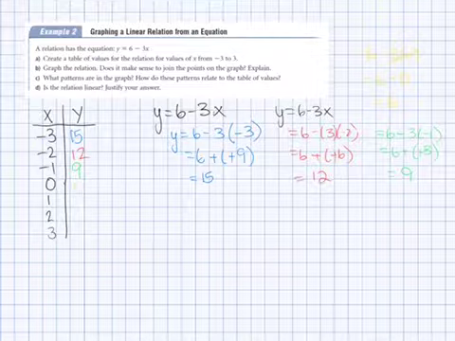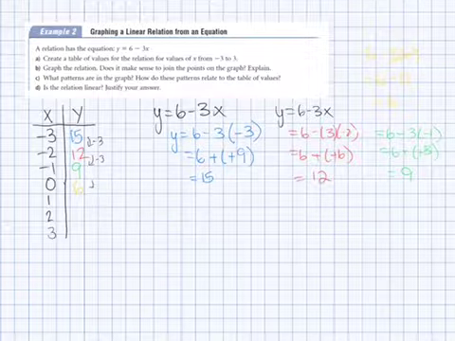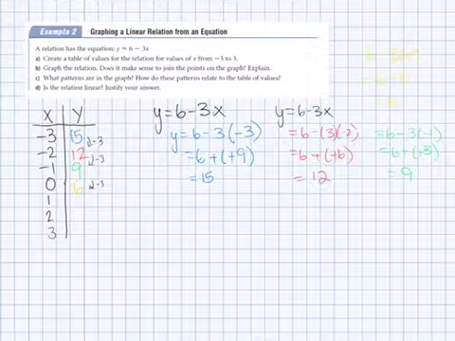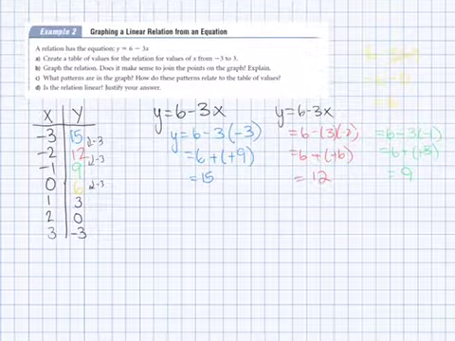From 15, 12, 9, 6, you might see a pattern that it goes down by 3 each time. So we can predict the next ones without plugging into our equation: 3, 0, and then -3. So now we have our table of values.